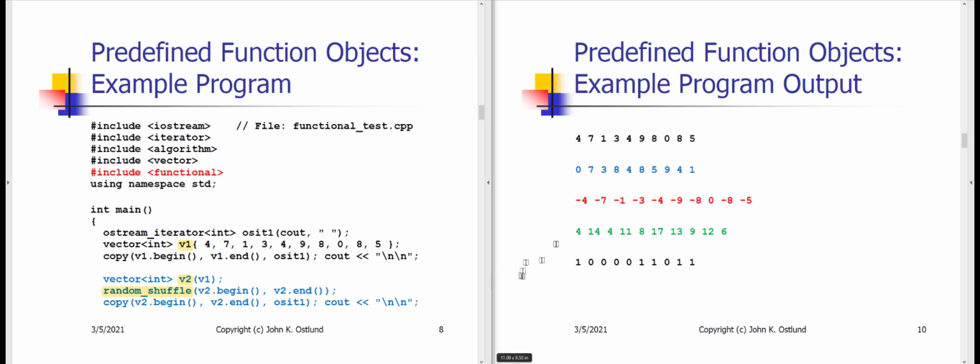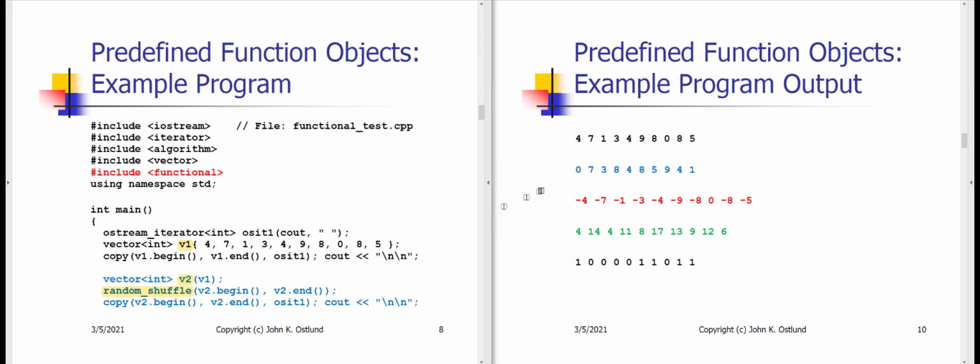All right, so the values in V2 are the same as the values in V1, but they're in a different order. Consequently, by the way, if I use the is_permutation algorithm, I could discover that yes, V2 is a permutation of V1 or vice versa.